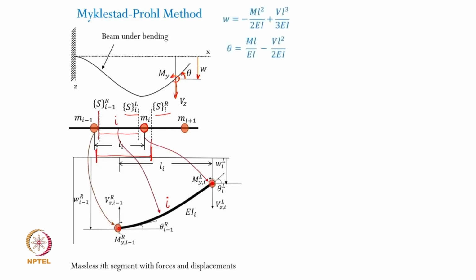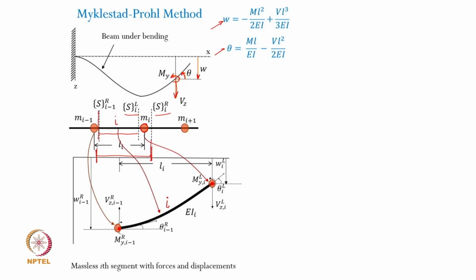So these relations you can very easily recall, that suppose at one end you fix your beam, and on the other end you apply some moment and shear force, or external force, this is how the deflection at the other end will look like. So the deflection is given by this expression and the slope is given by this expression. Okay.